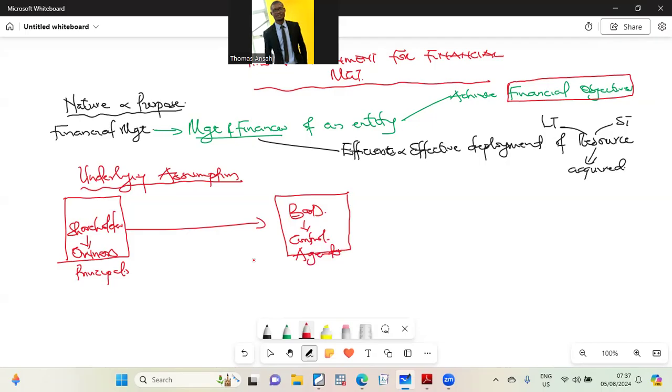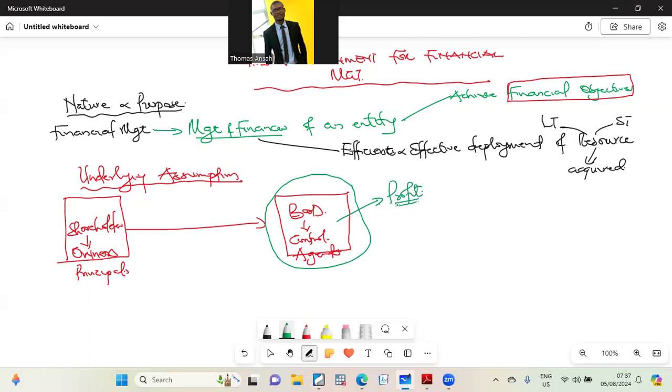Now, when I ask the question, what is the underlying reason for an entity's existence, she said profit. The profit she mentioned is because she was looking at these people, because the board of directors of an entity are always talking about profit.